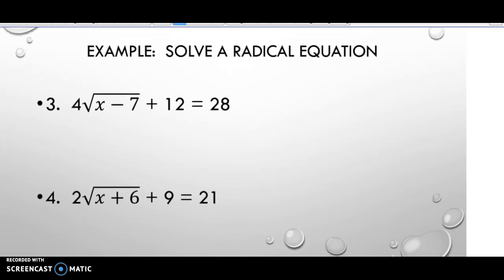Now let's take a look at when we have an expression underneath the radicand. So I'm still going to try to isolate the radical here. I'm going to start by undoing the addition. So I'm going to subtract 12 from both sides, which leaves me with 4 times radical x minus 7.